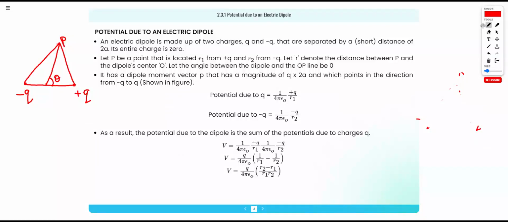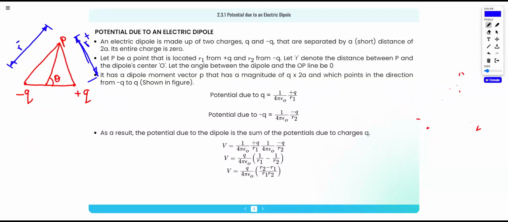Now we'll do some more labelling with different colors. Let us consider the distance between minus charge q and P; we'll name it r minus, and the distance between point P and plus q, I will name it r plus.